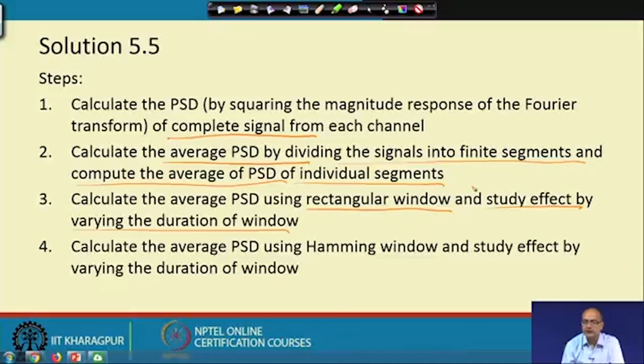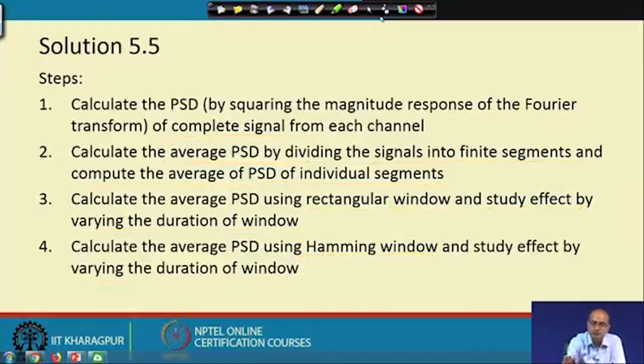If we reduce the window size, we have more segments. And we repeat the same thing with the Hamming window. In that case also, by varying the window duration, we will note the impact.